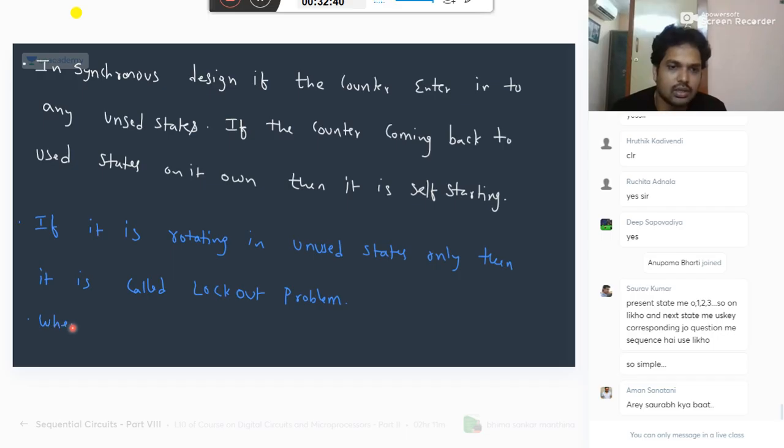When lockout occurs, the counter is called non-self-starting.